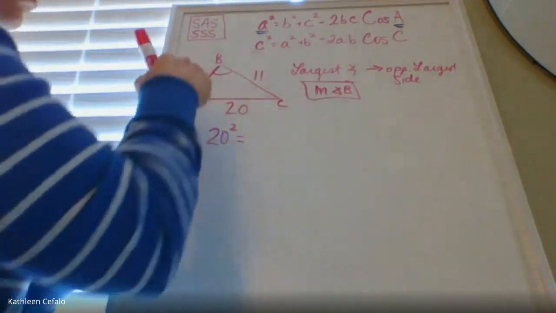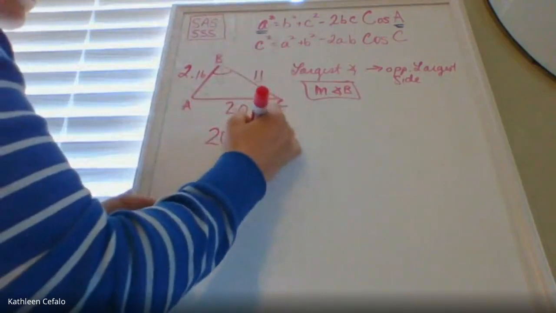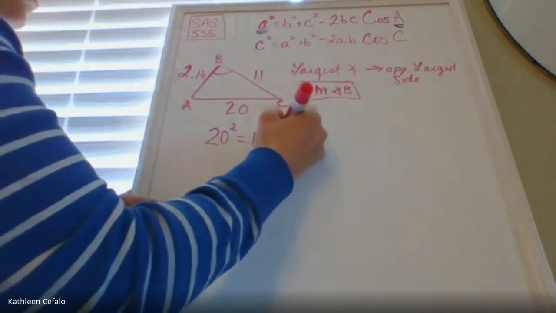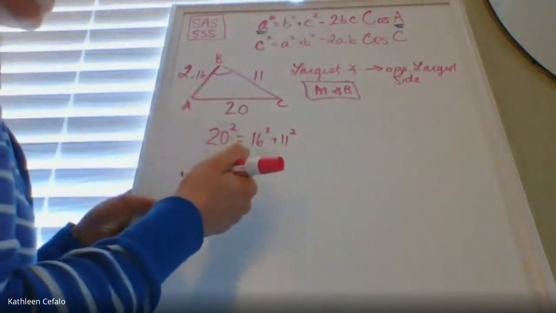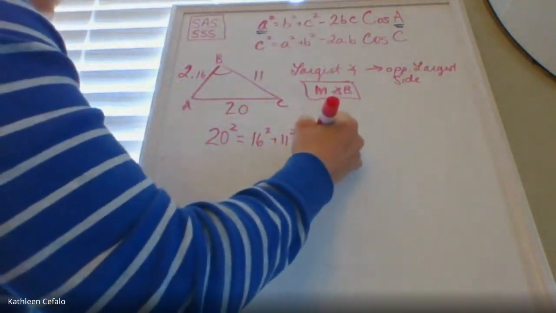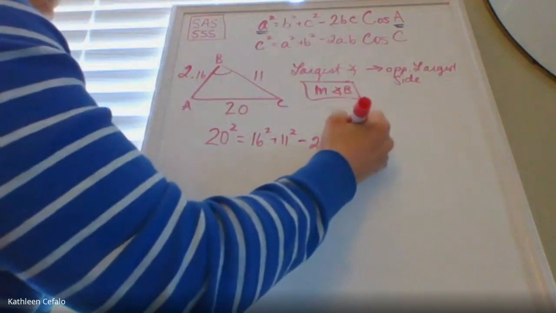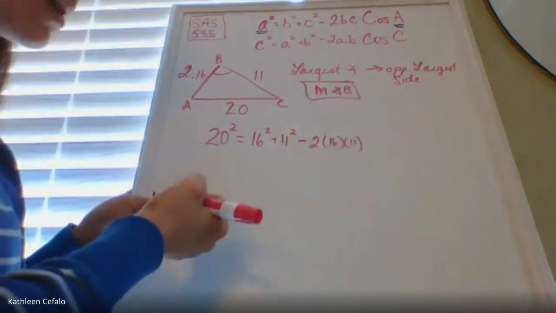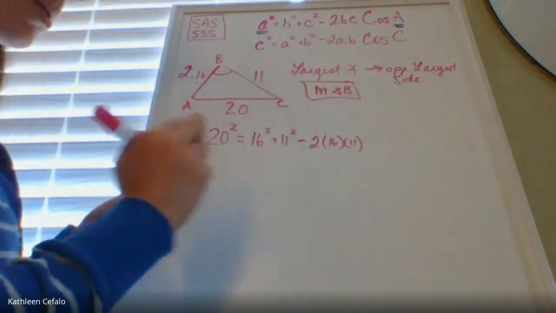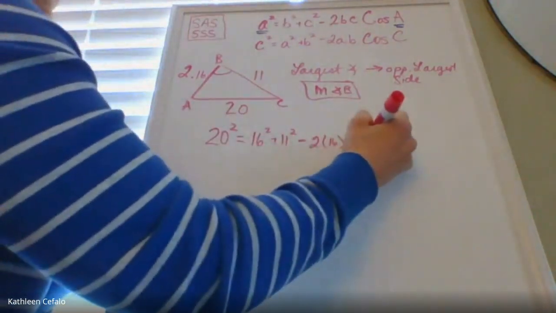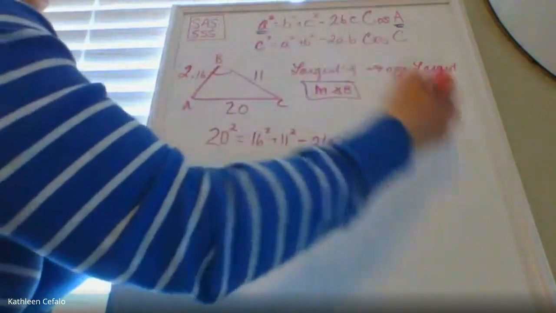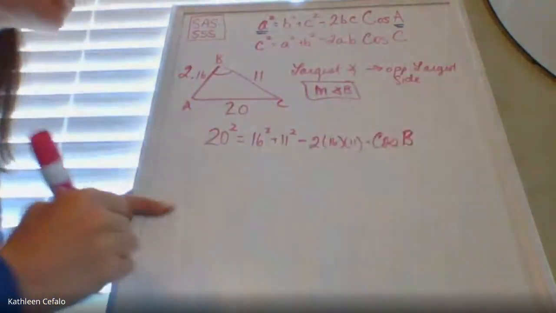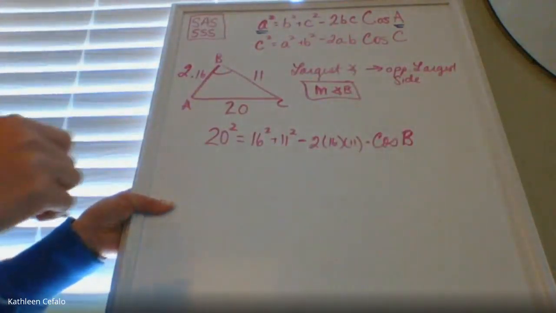So does it matter the order of these two? No. Okay, so I'm going to go 16 squared plus 11 squared. And the reason it doesn't matter is because addition's commutative, right? Okay, minus 2 times 16 times 11. And again, multiplication's commutative. You can flip the order. And then we have times cosine. I need the bookend to 20, which is B. So cosine of B. So notice we're solving for the angle this time.